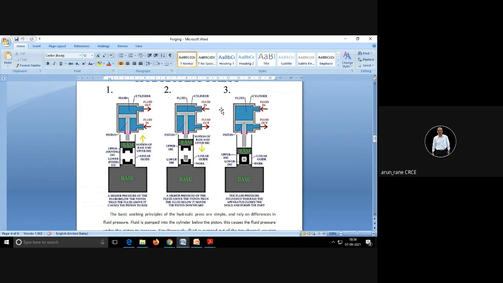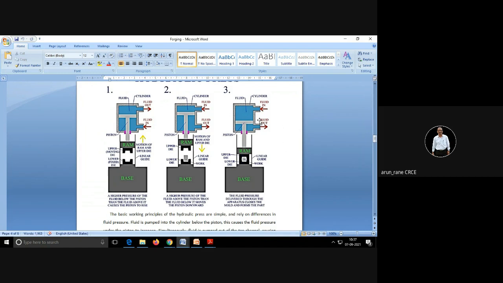There are valves, 3x2 valve, 5x2 valve, 4x2 valve, which control the flow of the fluid and the direction of the piston. This is the upper die, this is the lower die, and this is the workpiece which is kept.